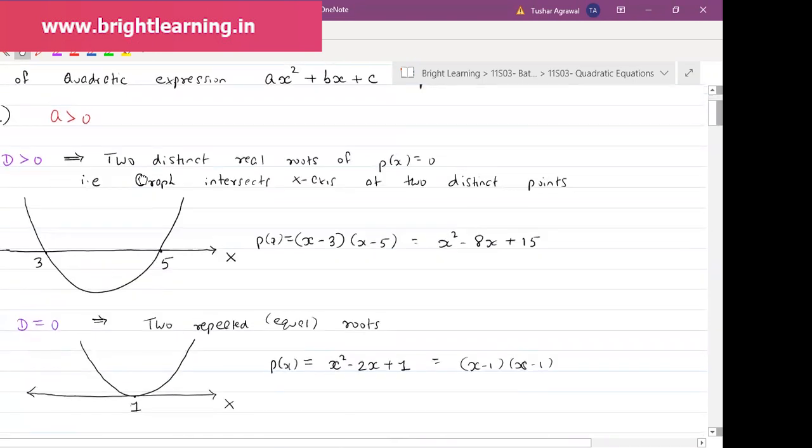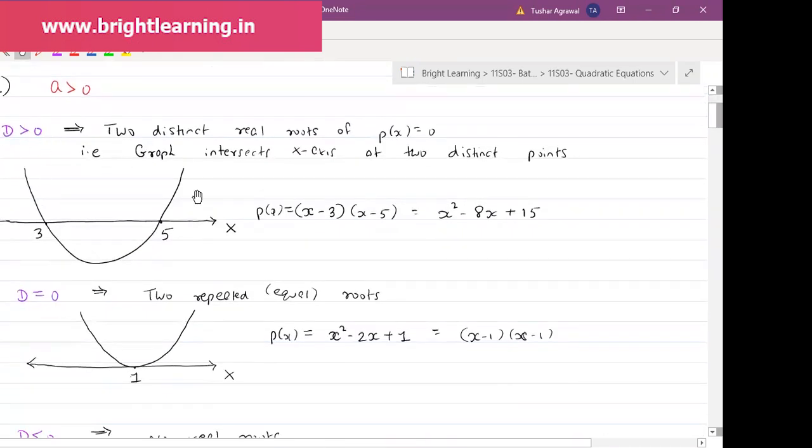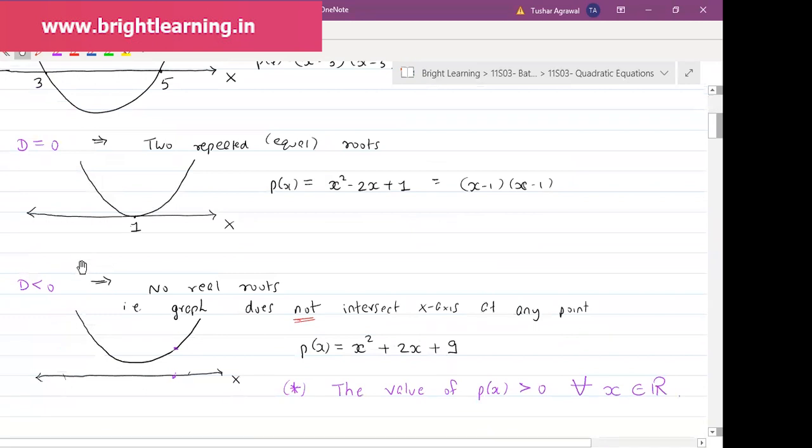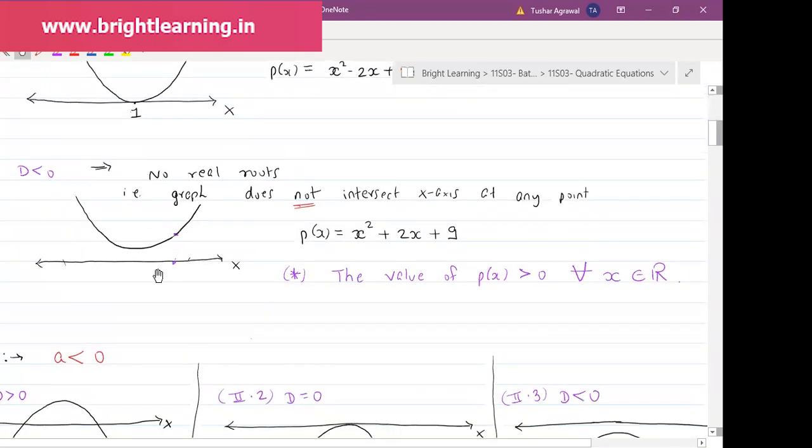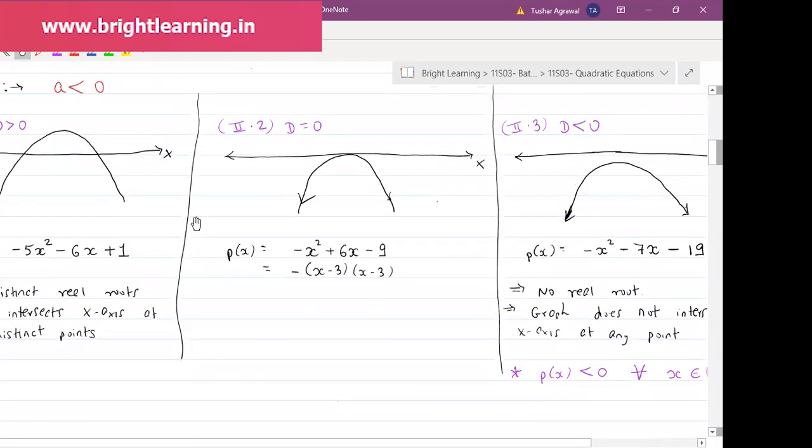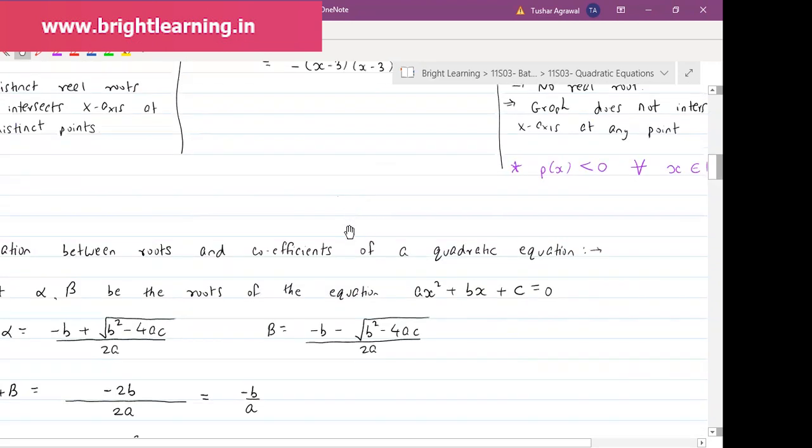If A is greater than 0, the three possibilities: discriminant greater than 0, discriminant equal to 0, and discriminant less than 0. So should I skip these six graphs now? Yes, sir. Two real roots, it cuts the x-axis at 2 points, a single point, no point. This part we have already seen.